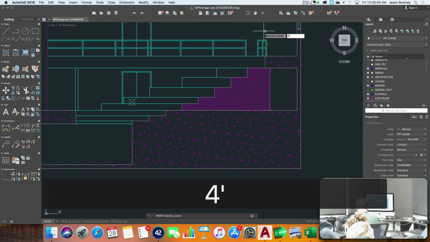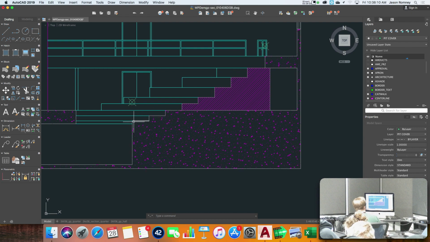And where do you think the middle row is? 1, 2, 3, 4, 5, 6, 7, 8, 9. So 8, 7, 6, 5.